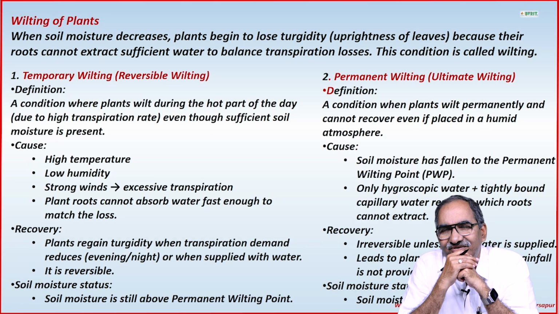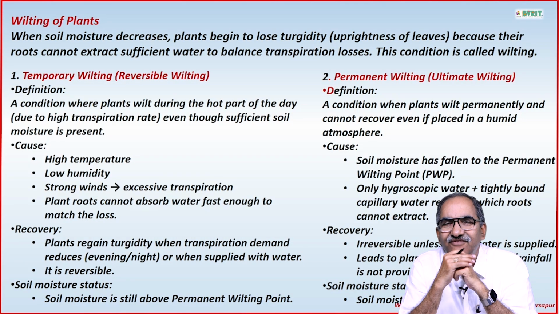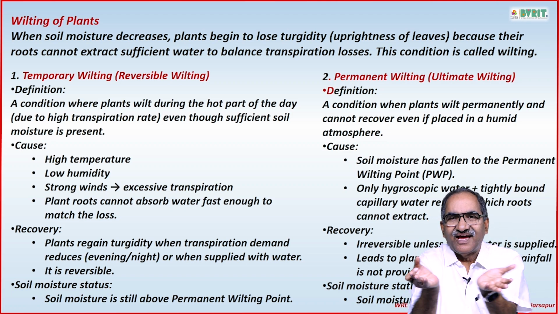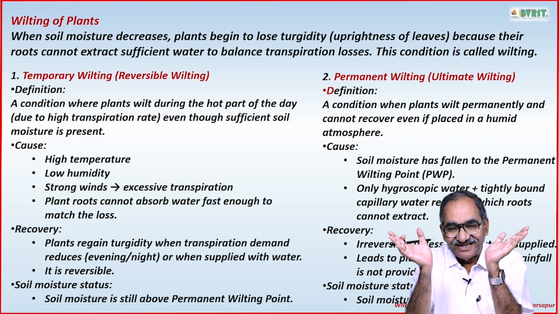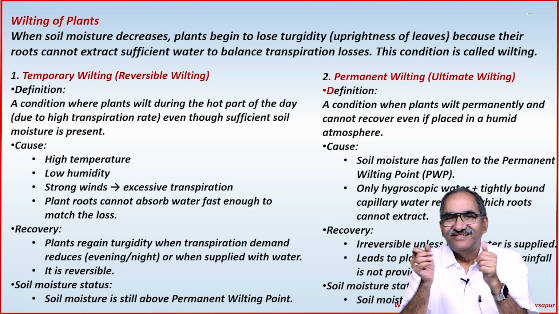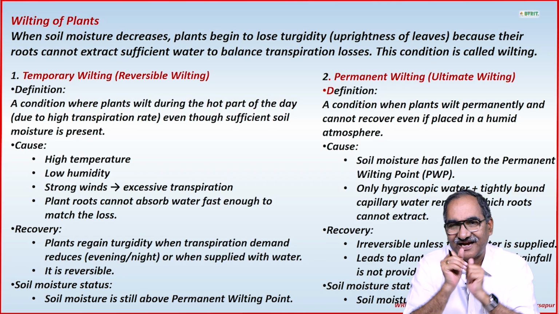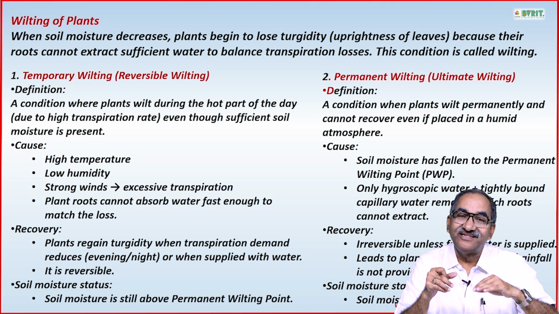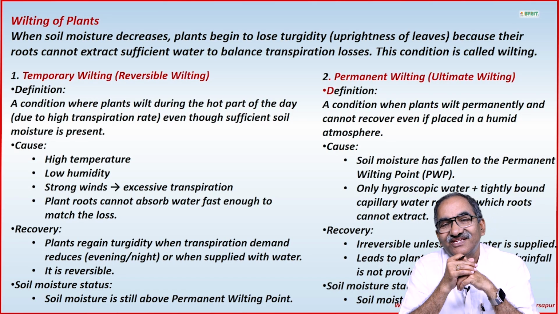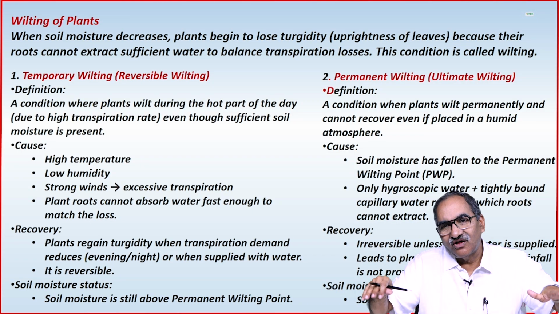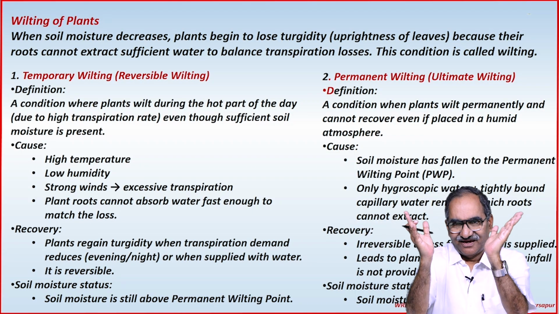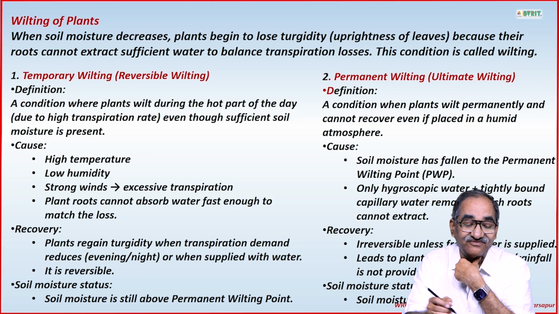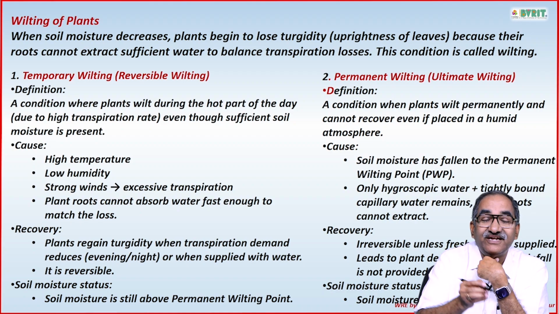If the leaves are upright and have turgidity, then naturally they are live plants. If the soil moisture decreases, slowly the plant loses its turgidity and the leaves, rather than staying straight, almost fall down. That is what we call wilting.